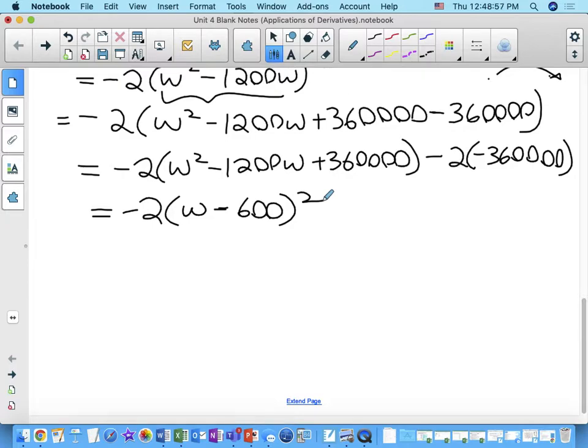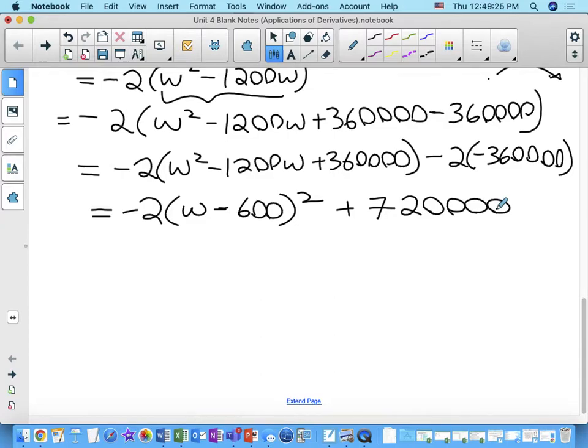And this becomes plus 720,000. Okay, now this is in vertex form. So if I wanted to graph this, which I do, here's what I know about it.